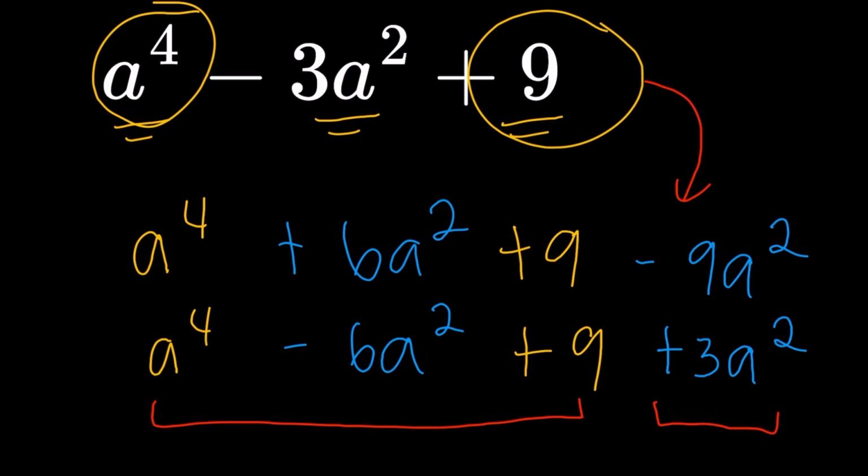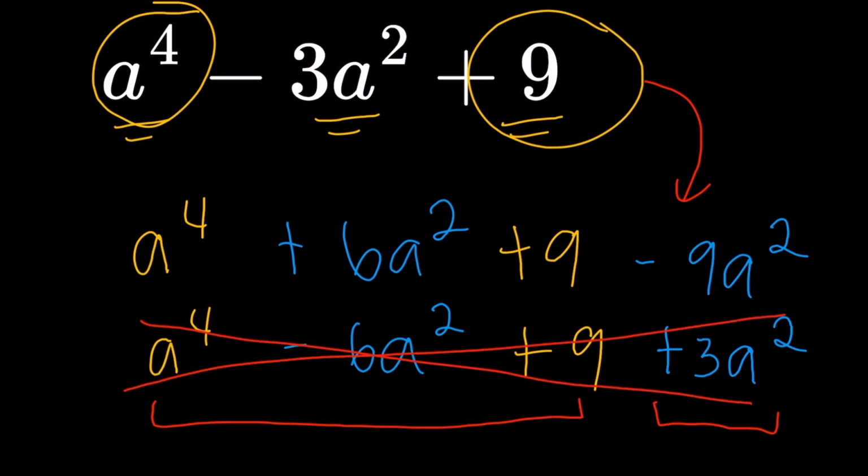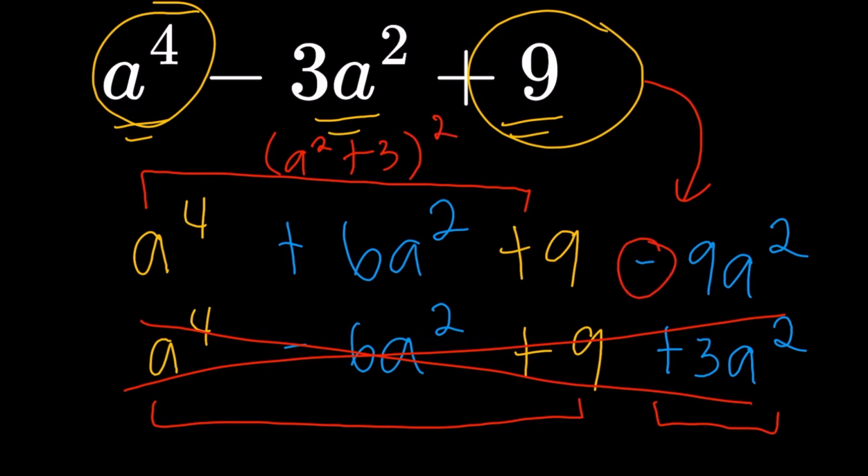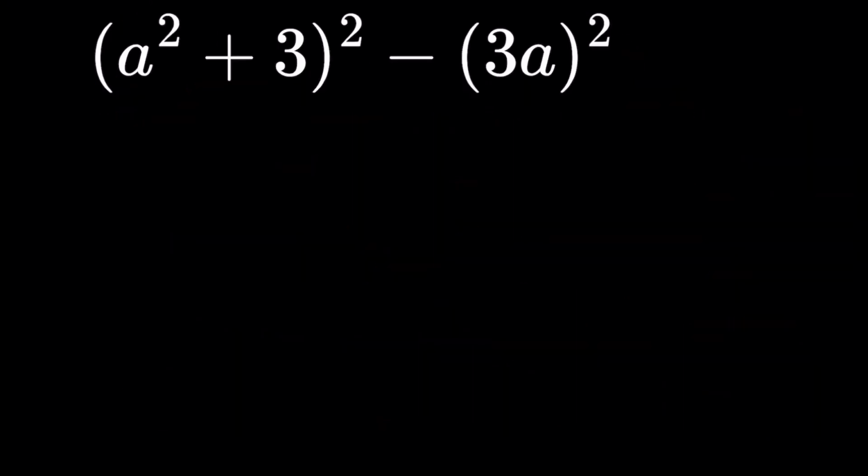That's not the difference of two squares that we want, so we will disregard this one. But in the first one, we have a perfect square, the square of a squared plus 3. And then we're subtracting 9a squared, which is equal to the square of 3a. That's very nice because we now have a difference of squares.